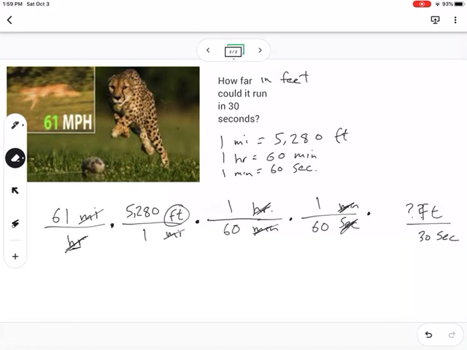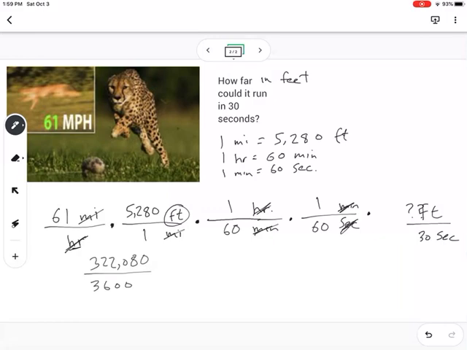So across the top, on my calculator, I'm going to do 61 times 5,280 times 1 equals 322,080, and that doesn't really mean much yet. On the bottom, we have 60 times 60, which is 3,600.